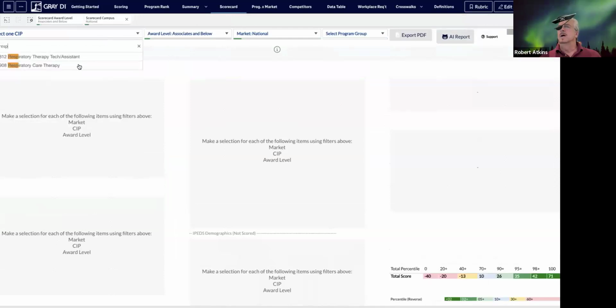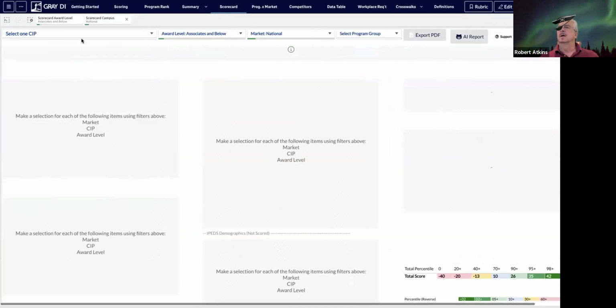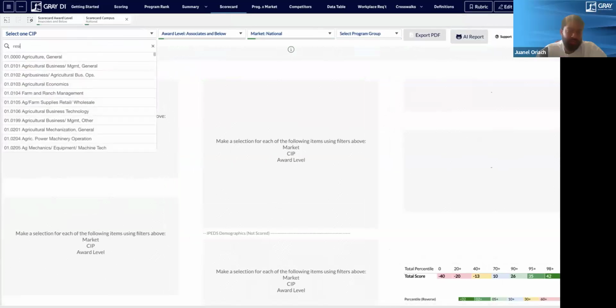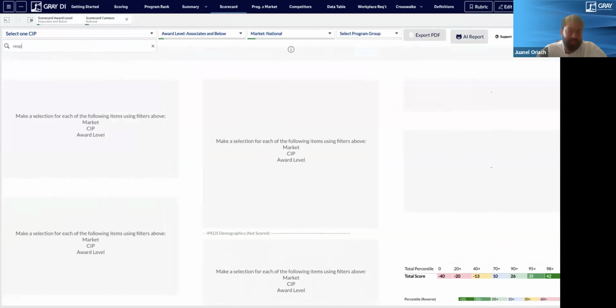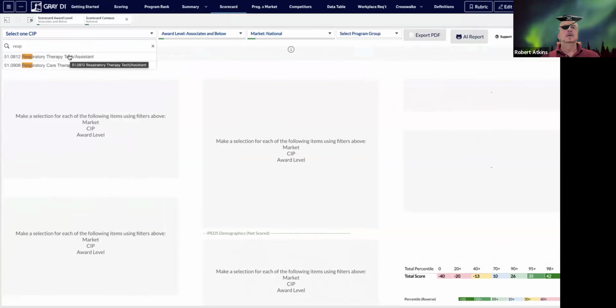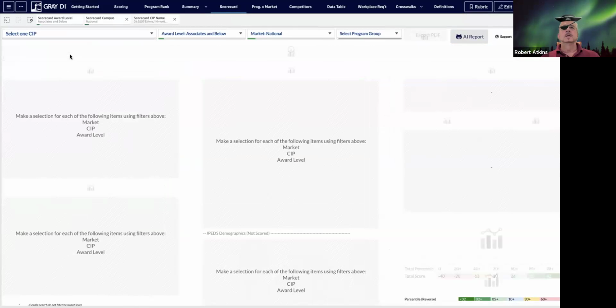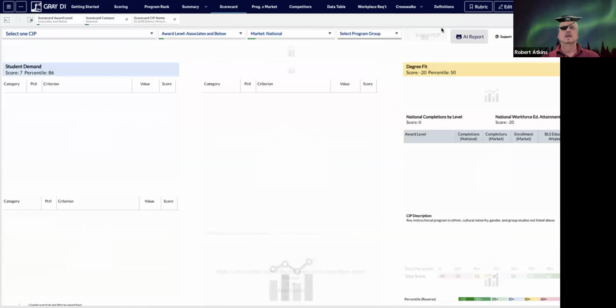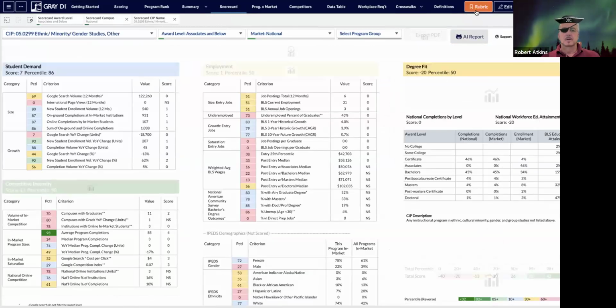I don't remember how high up that can run. Yeah, there's a tech and then there's a therapist. Right. So let's just look at the tech for now. Yeah, I mean, this is a 4-year group, 4-year colleges. So I would look at the respiratory therapy.